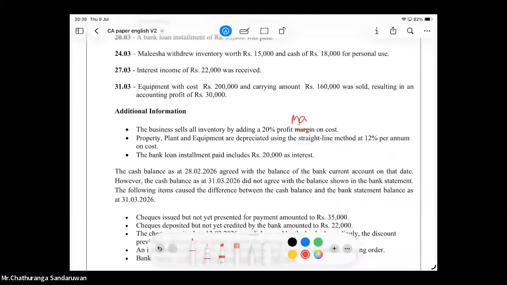It should be markup actually. Markup. It should be markup.